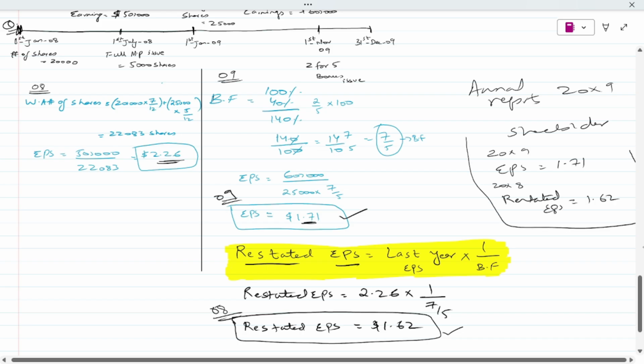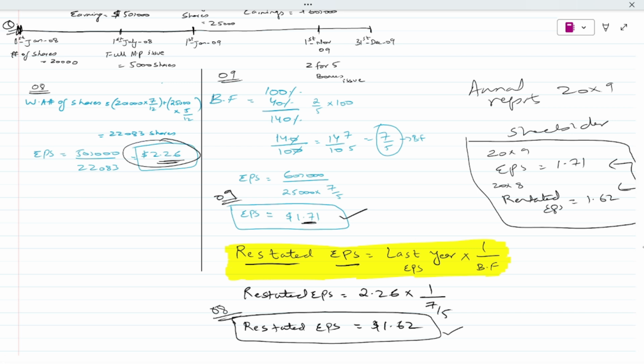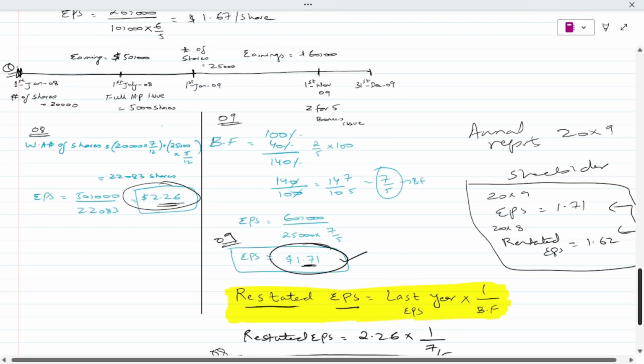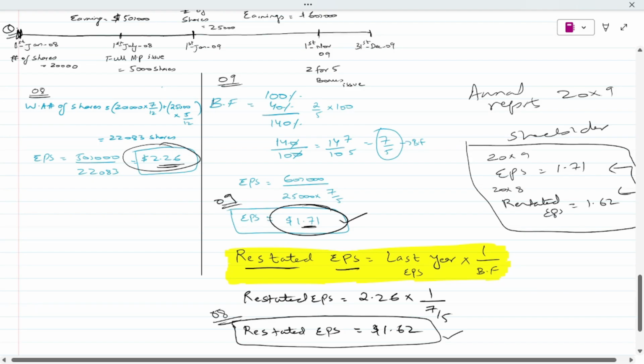So he will have a complete document which will have both of these, right? So this is just so that the investor can do a like by like comparison instead of a comparison which is not fair. Got it? So this is the whole story. I hope now you guys have a clear idea. This is how you do the calculation.